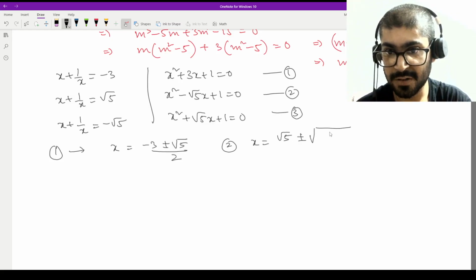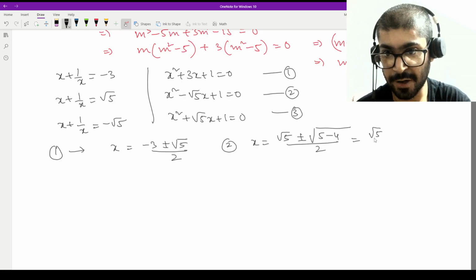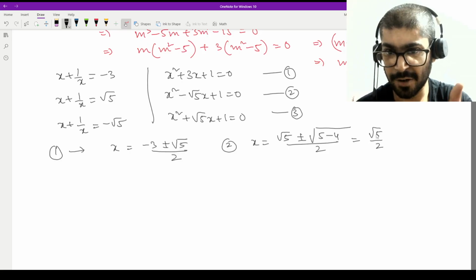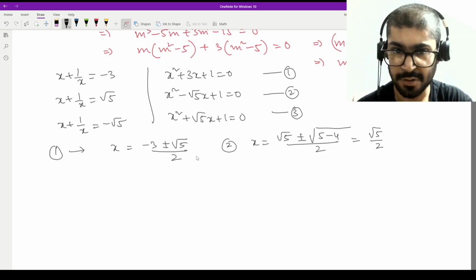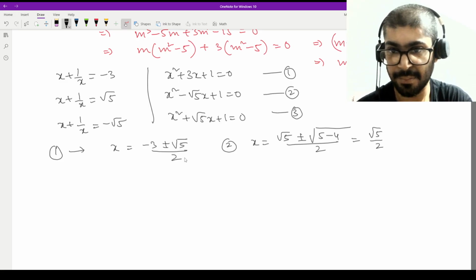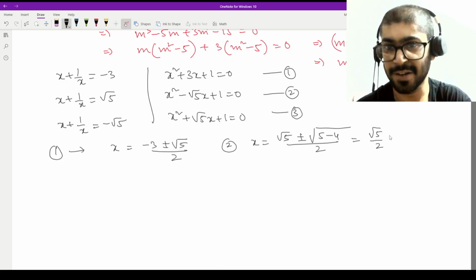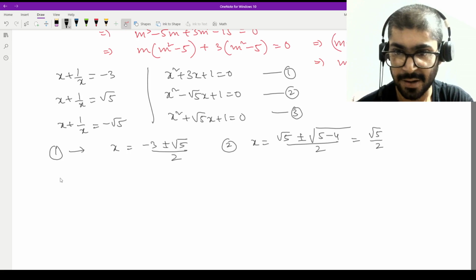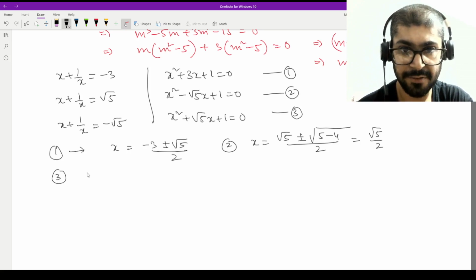Now b square is just 5 minus 4ac, so minus 4, by 2. Okay, so this is root 5 by 2, both of them, right, because they are equal roots. So fine, let them be equal roots because plus minus 0 is just 0. Alright, root 5 by 2.